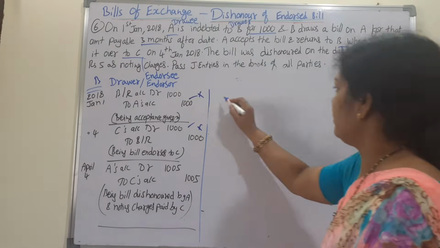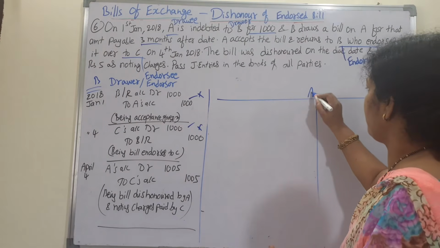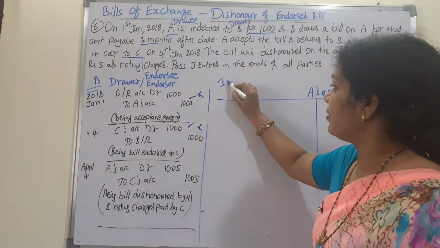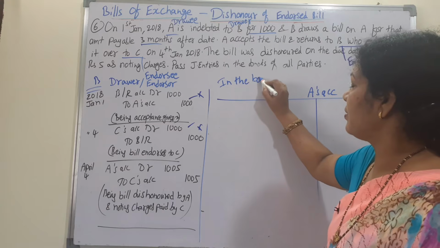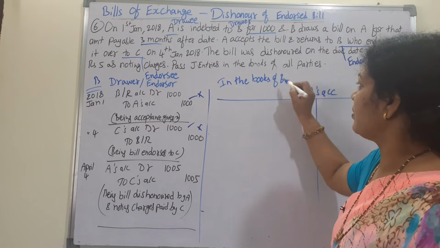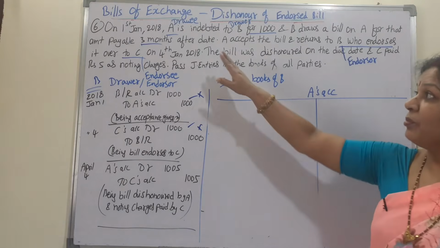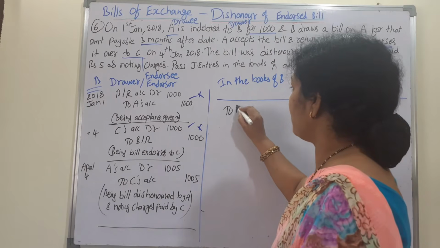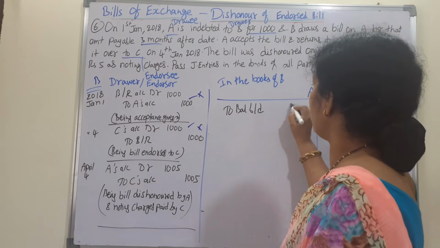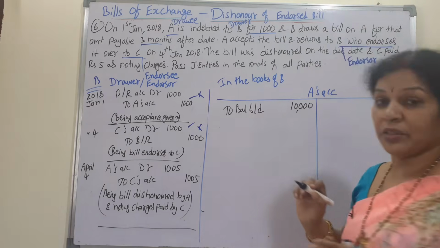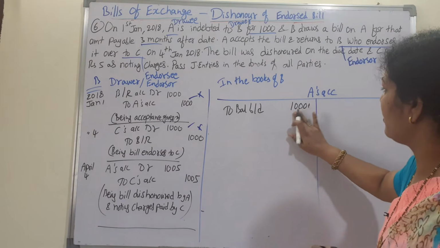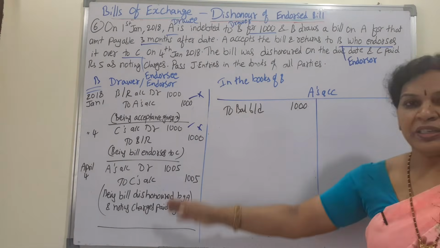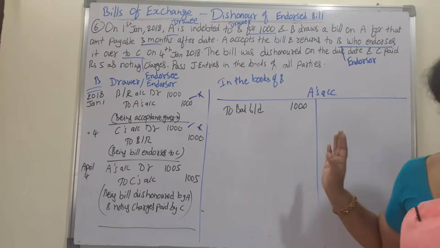To open A's account in the books of B, the amount started with 10,000 rupees. It started with 1,000 rupees, and 1,000 started with the balance.